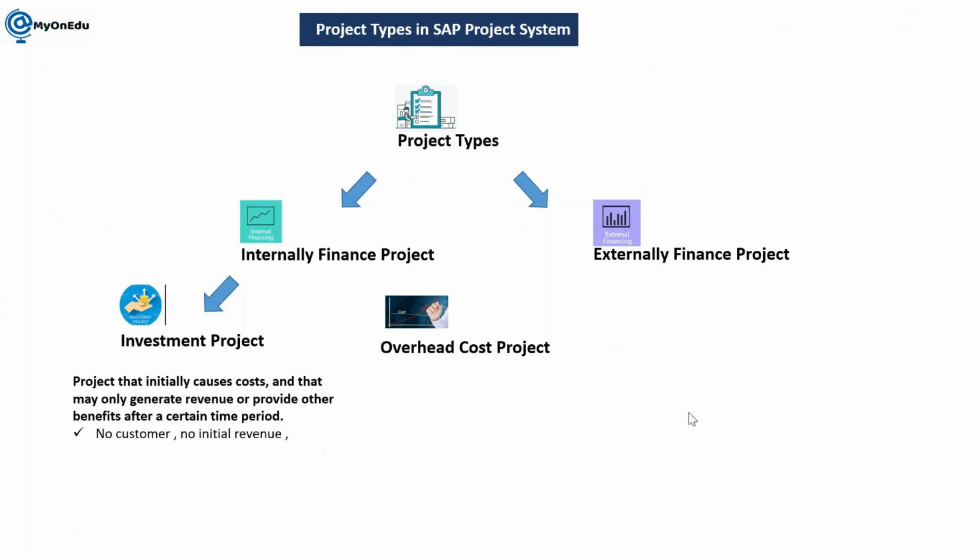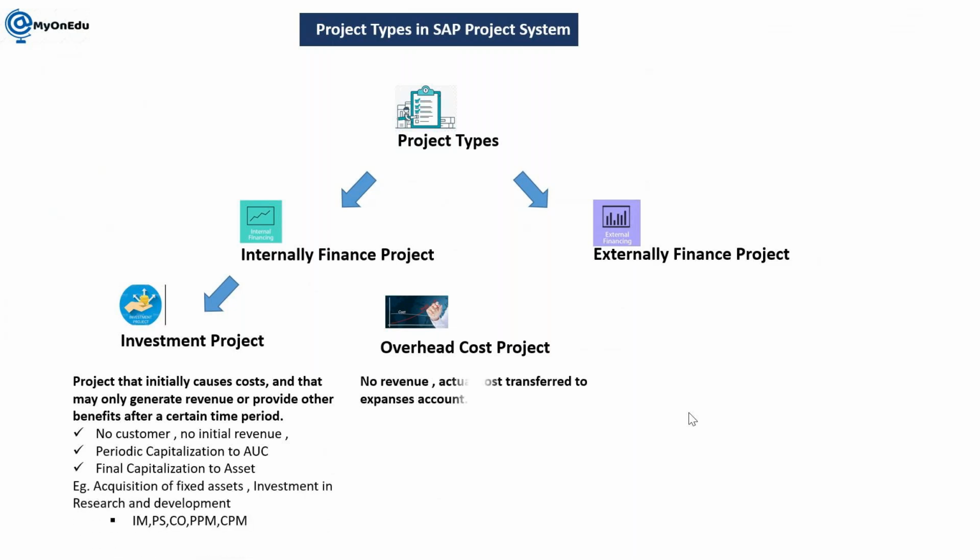So here the IM module helps us to manage the pre-investment analysis activities, and further, when the project is executed, we use Investment Management to manage the AUC, asset under construction. In an overhead cost project, we don't have any customer either.